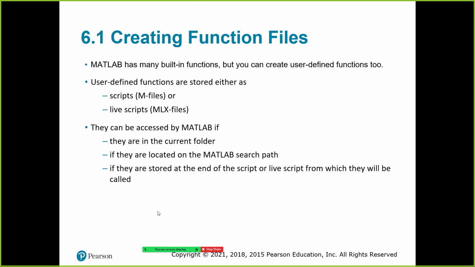Okay, so we'll start off with the basic creating of functions. They could be stored in either individual M files or a separate live script editor. Up until a few years ago, even before the live script editor, the only way you could create your own user-defined functions was in its own M file. Then somebody along the line got smart and said, let's make it so we can put these all in a single file.